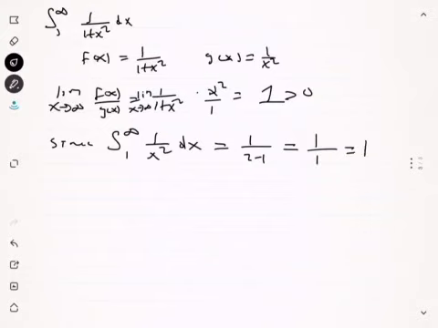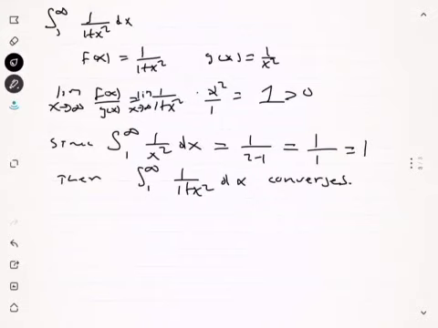So since this converges, then the integral from 1 to infinity of 1 over 1 plus x squared dx converges as well, but not necessarily to 1. In fact, the limit comparison test says that it converges, but it doesn't tell us what it converges to.